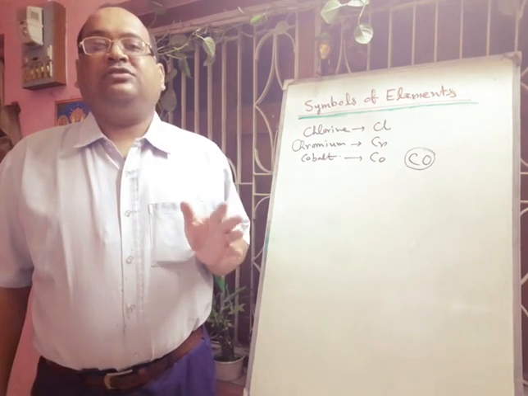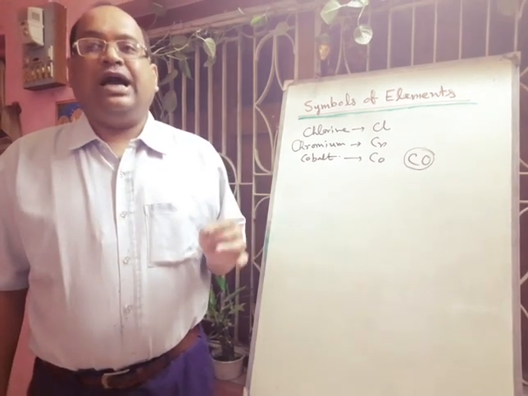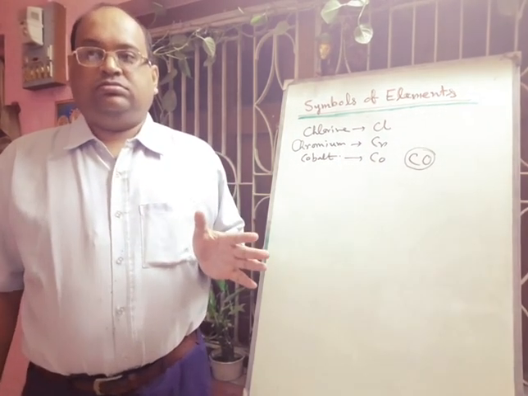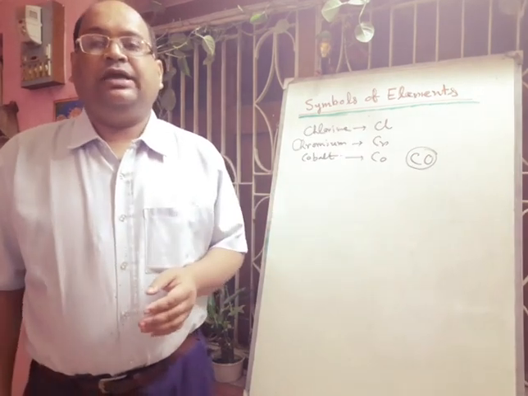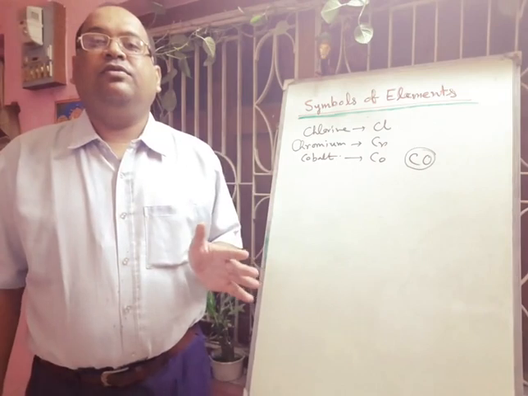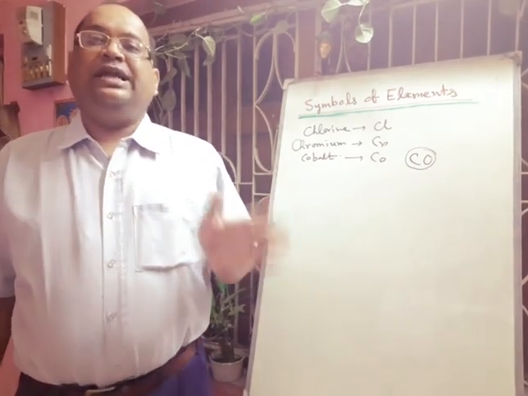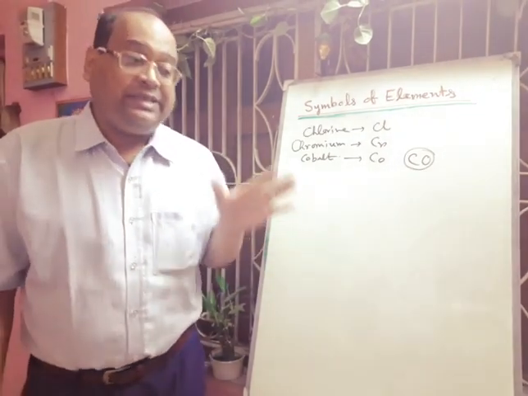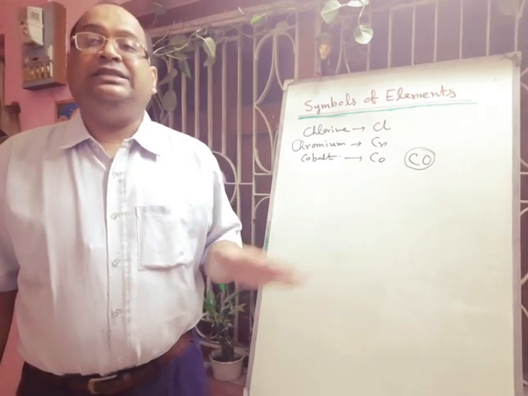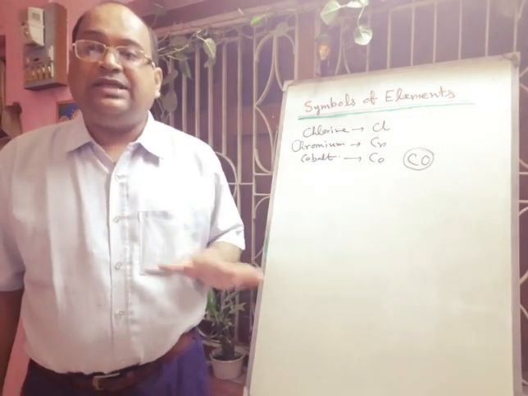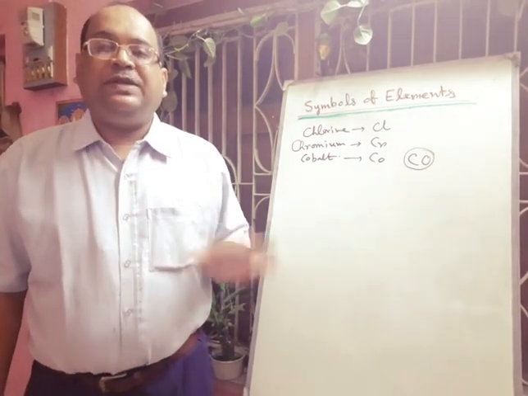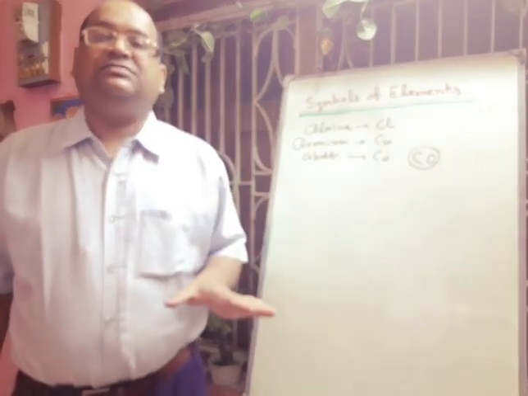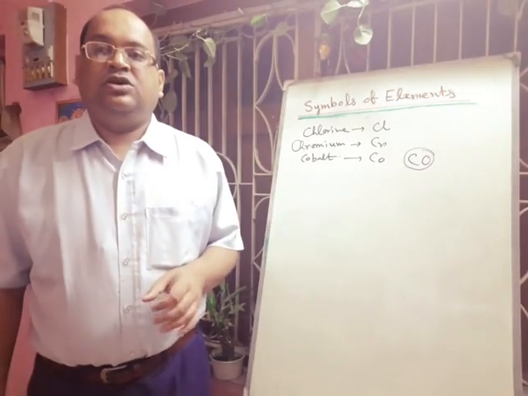And actually, all the substances around us in this world are made up of these only 118 elements. So I think these 118 elements are the real gods of chemistry, and without their presence we cannot exist in this universe.